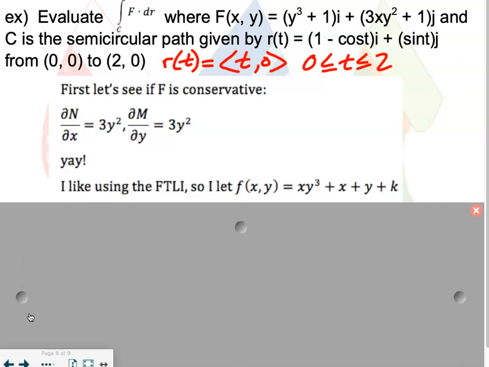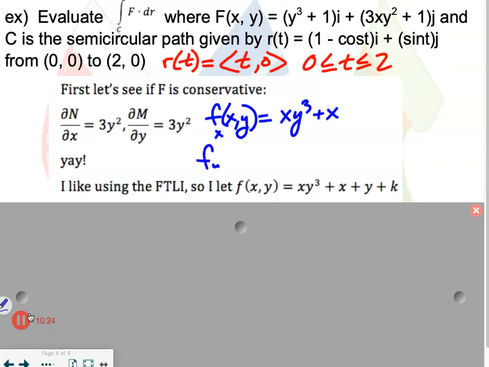So first you have to find your potential function, right? Do you want me to walk you through finding the potential? Yes? Okay. All right. So potential function for f, our little f. So you integrate y cubed plus 1 with respect to x, and we have xy cubed plus x.